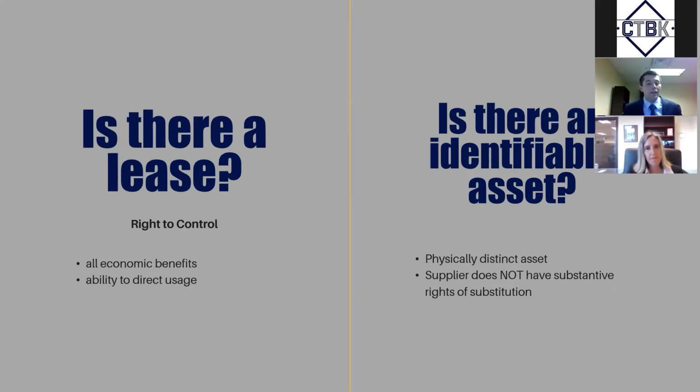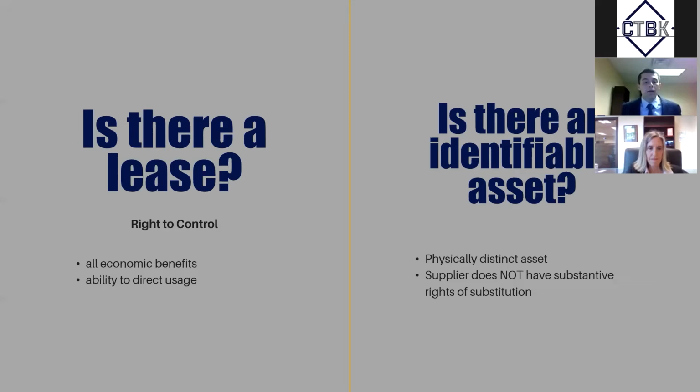So what is an identifiable asset? Identification of an asset is generally analyzed by looking for an asset explicitly identified in a contract. A key factor that you must consider is the concept of substantive substitution rights. Once an asset is identified, you must consider whether the supplier has a substantive right to substitute the asset throughout the period of use.